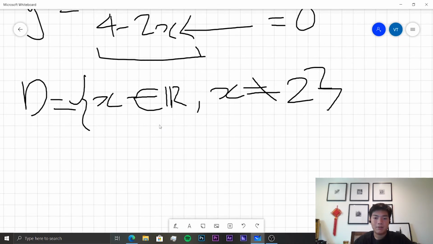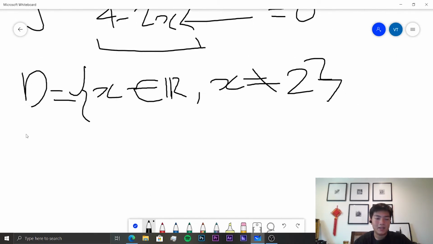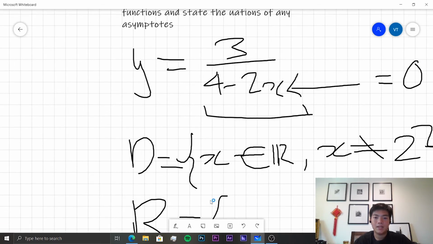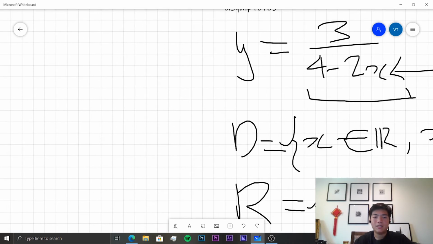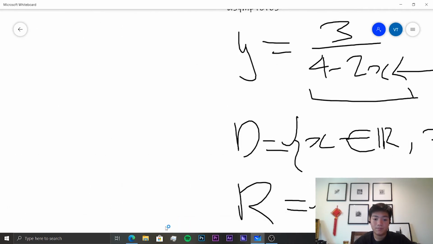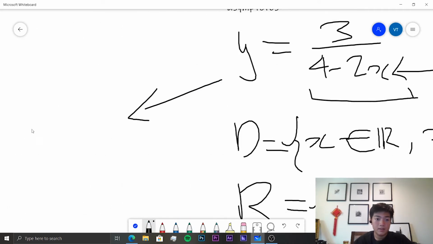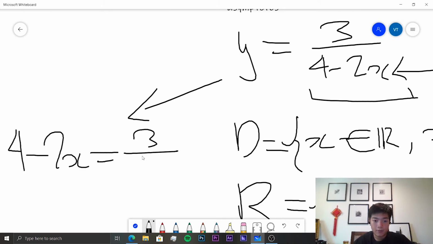For the range, however, we need to find the values that are impossible to solve for y. We'll do that by rearranging this function into the form 4 minus 2x is equal to 3 over y.